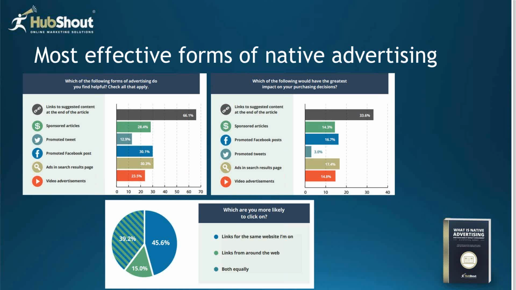Actually, the total of those who said they are equally willing to click on a link from around the web as one that stays was over half the total people there. So again, let me phrase that better. Really what I'm saying is that over half of the people said they don't care. They would either equally click on one that stays on the website versus one that leaves, versus specifically clicking on one to go to another website.